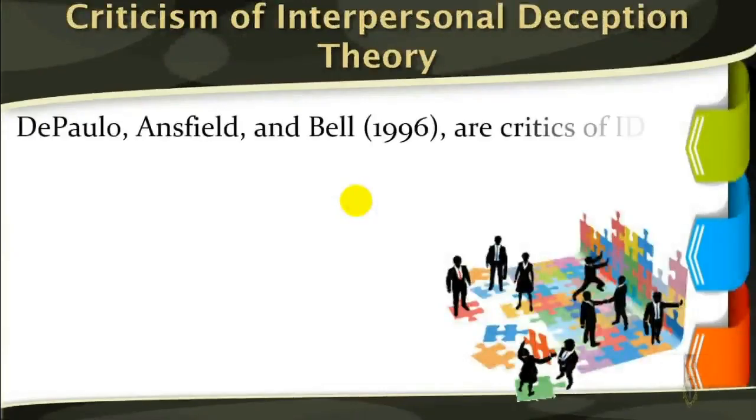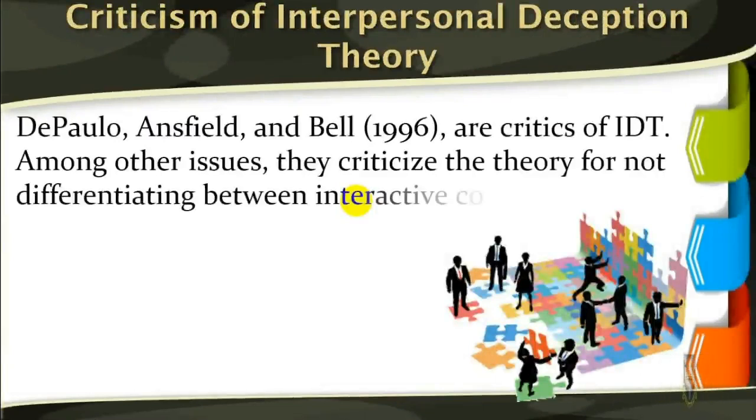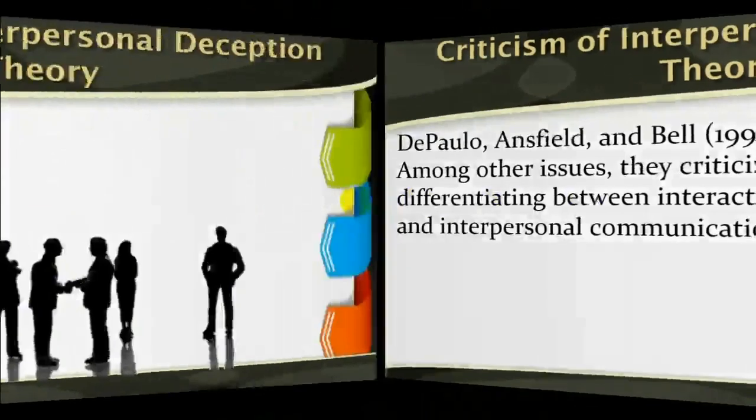Criticism of interpersonal deception theory. DePaulo, Ansfield and Bell, 1996, are critiques of IDT. Among other issues, they criticize the theory for not differentiating between interactive communication and interpersonal communication.